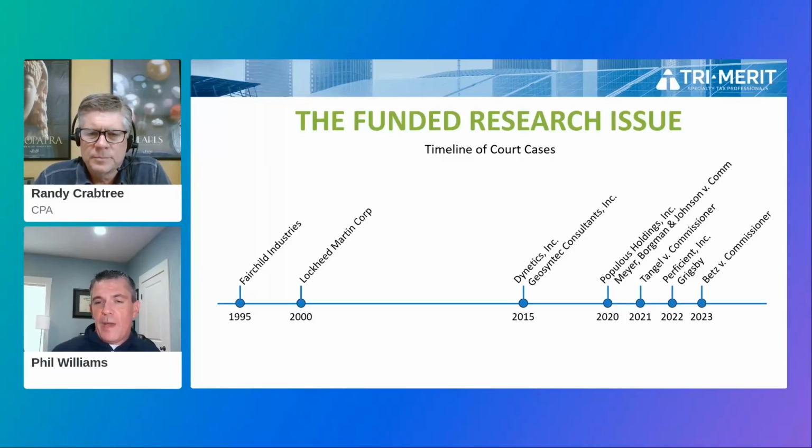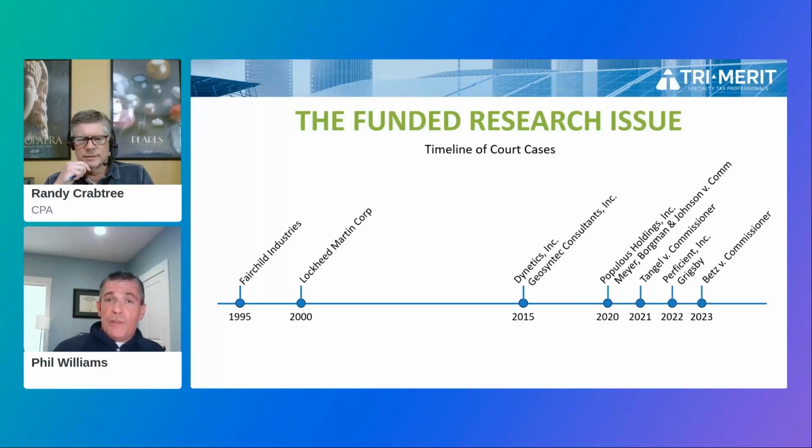And that was when back in 2015, so a little bit more current, but still 9 years ago, with Dynetics and Geosyntec, that did start to be addressed more. Both of those address economic risk. Neither of them, in my opinion, was the most well-written case or piece of case precedent.